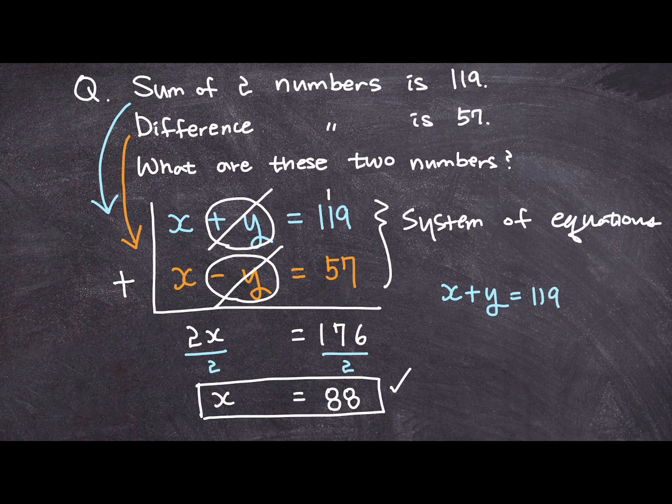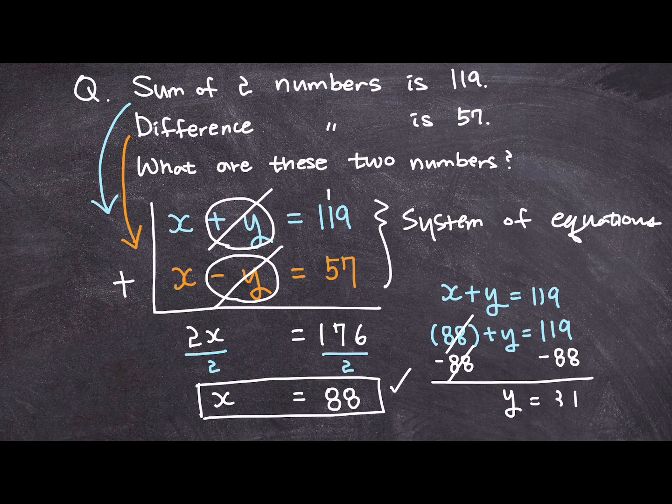If we plug in the value of x as 88, we can figure out the value of y by subtracting 88 from both sides of the equation. Eliminate that integer from the left side of the equation, and you'll end up with y is equal to 31, and that's another part of your final answer.